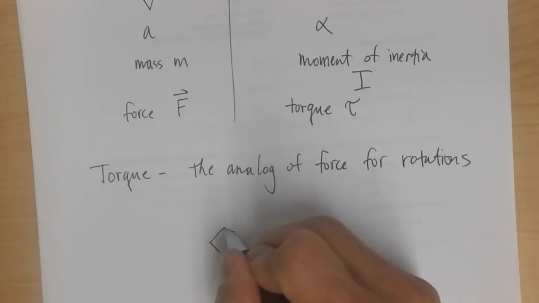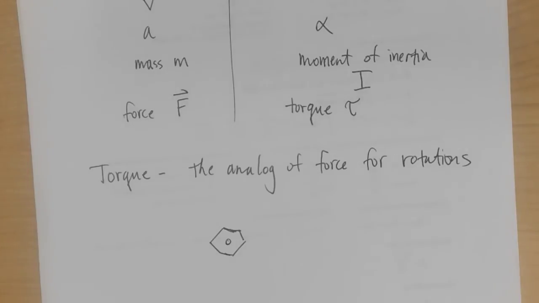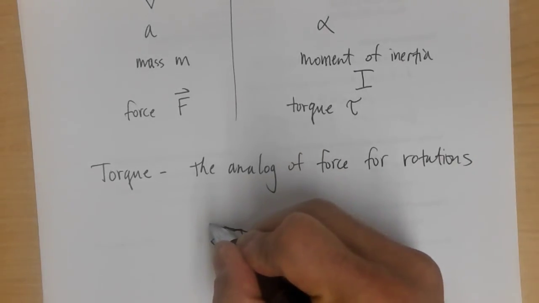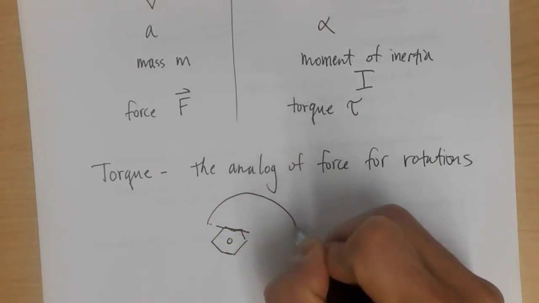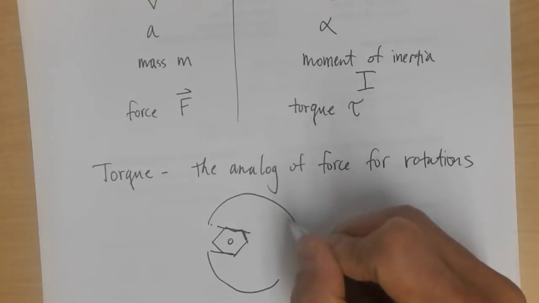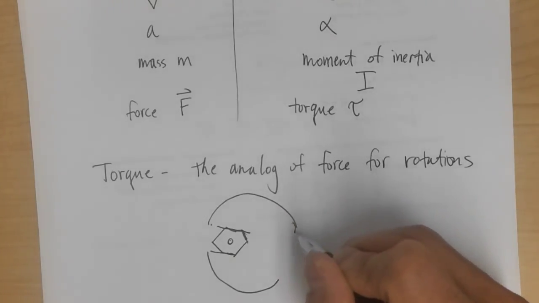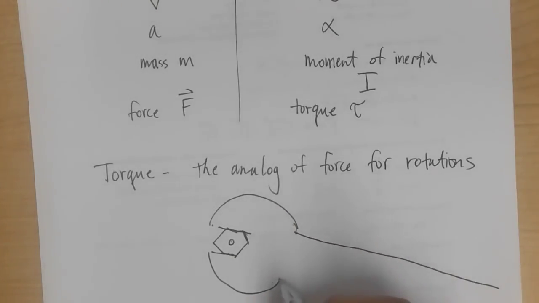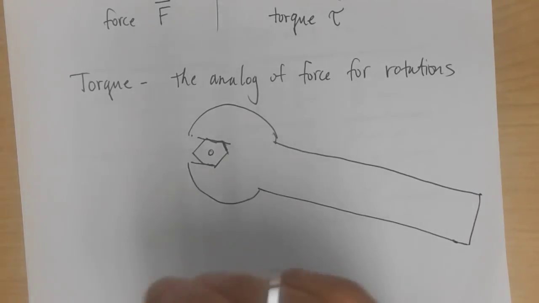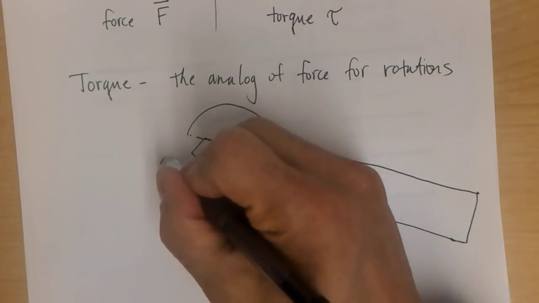So let's consider having a little nut here, and we have a wrench. Let me draw it rather large. It's a very simple wrench, and let's say I made the wrench a little bit bigger than I planned to. And this is the rotation axis.